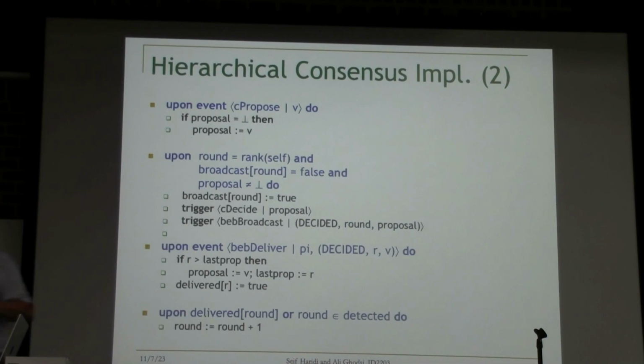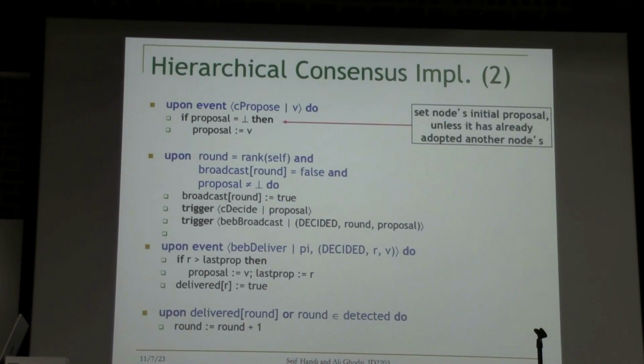So how does it work? Let's look at it in a bit more detail. First, set the initial proposal unless it has already adopted another node's value. All the nodes execute propose, but not exactly at the same time. Maybe one node has done a propose and is already running the algorithm, and it has already broadcast and set the proposal variable to some other value, and then this node does propose.